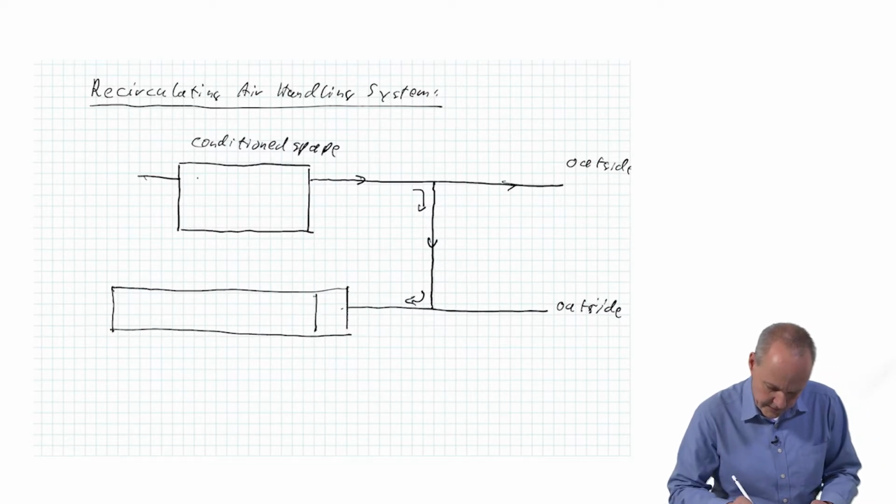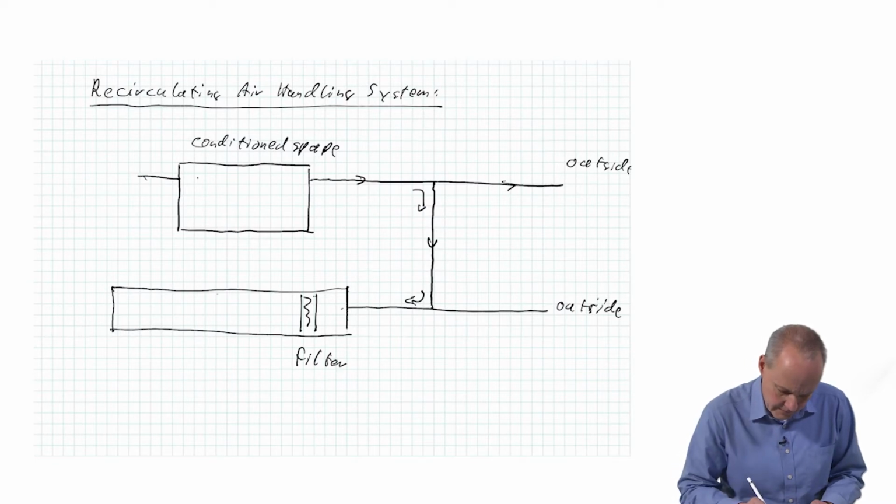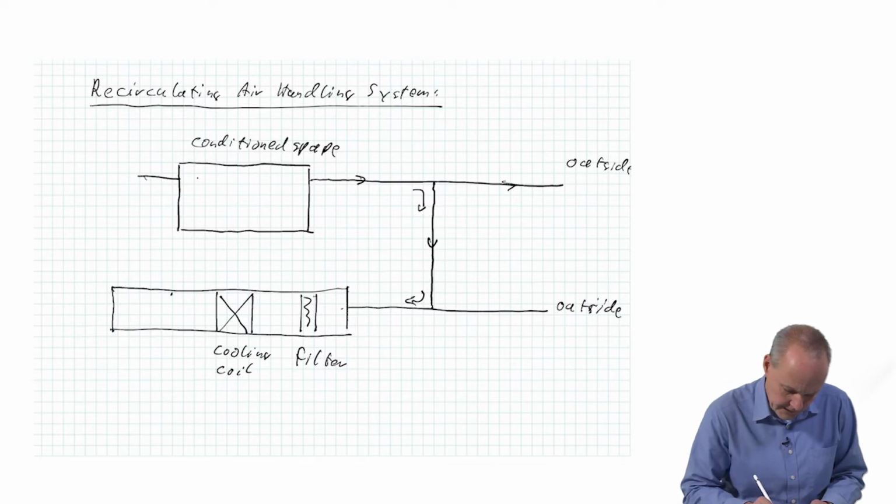So we have our filters. We have the cooling coil. The reheat coil. And our fan.